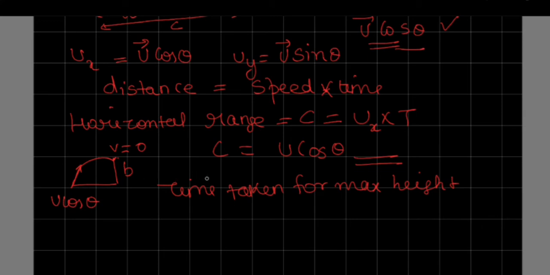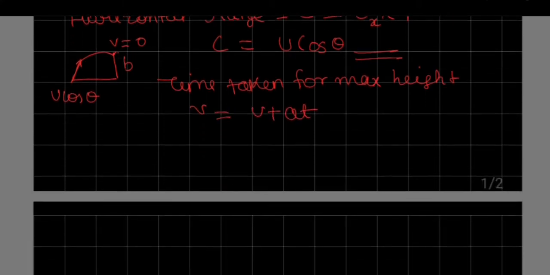V is 0. So if you apply the first equation of motion, which is v equals u plus at, right? Now a is acceleration. If you see here, the object is moving upwards, that means against gravity. So your acceleration due to gravity will be minus g. Your time is t for this half, I mean half parabola.